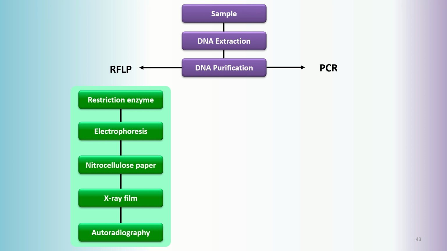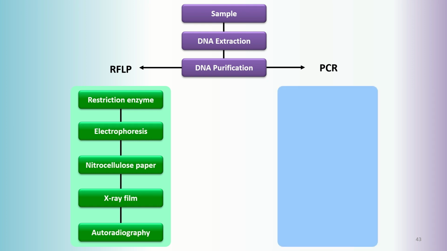Polymerase chain reaction. The PCR-based DNA fingerprinting technique is the most popular among all. It is simpler than RFLP with autoradiography, and the PCR-based method gives reliable results compared to traditional techniques.